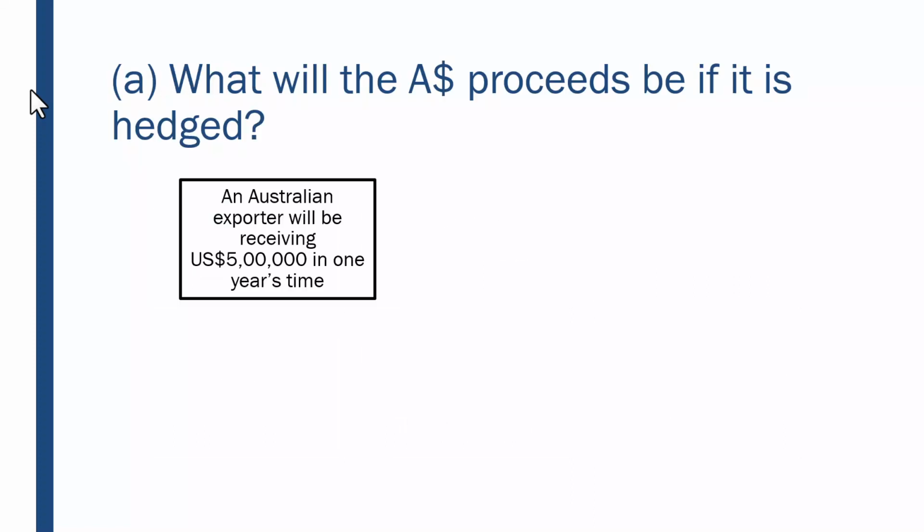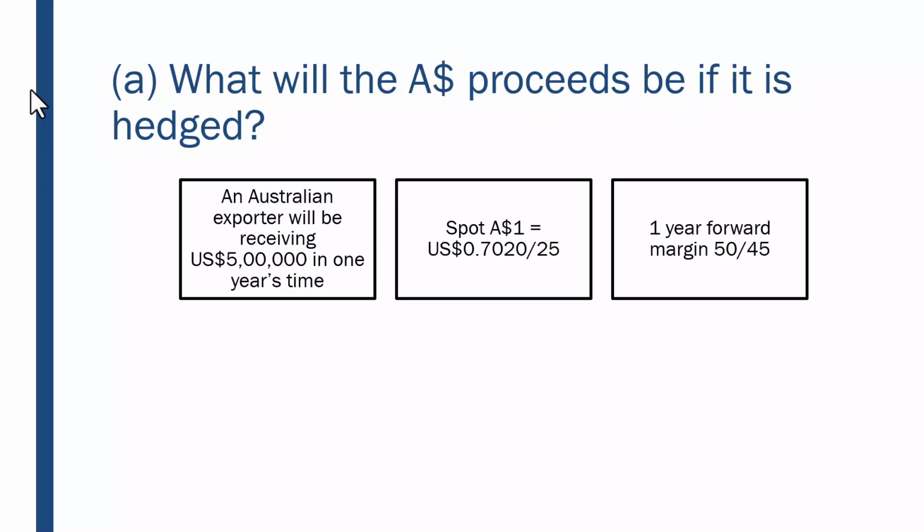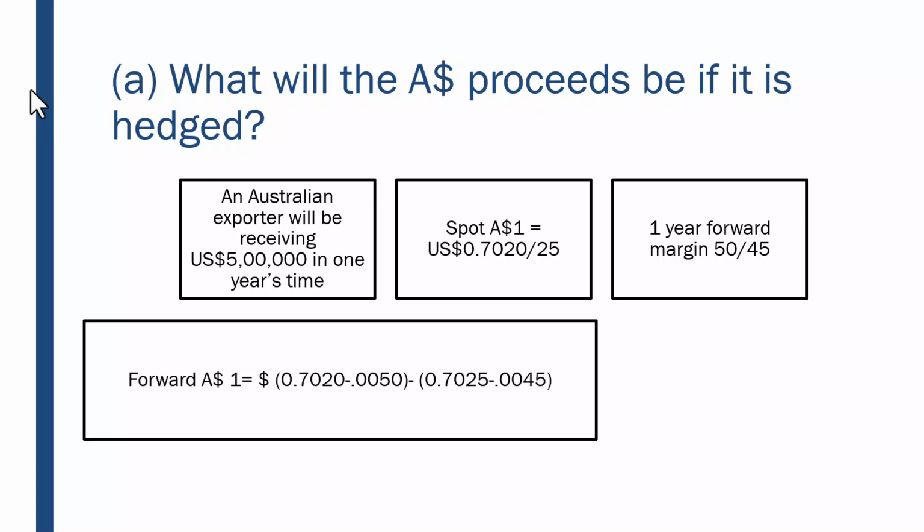Now, first is, what will be the Australian dollar proceeds if it is hedged? An Australian exporter will be receiving 5 lakh dollars in 1 year's time. The spot rate is this, which is given in the question, and the 1 year forward margin is given. So far the question has been repeated. Now let's go to the answer. The forward rate will be like this: 1 Australian dollar is equal to the quote 0.7020 minus 0.0050.